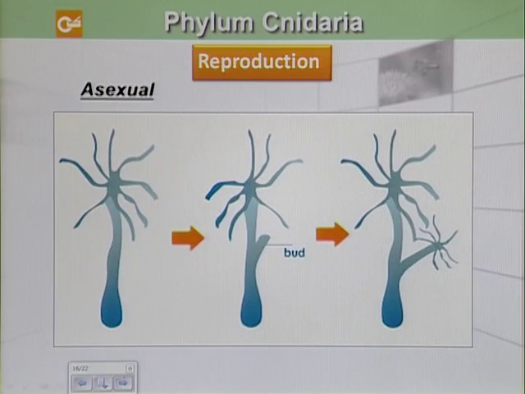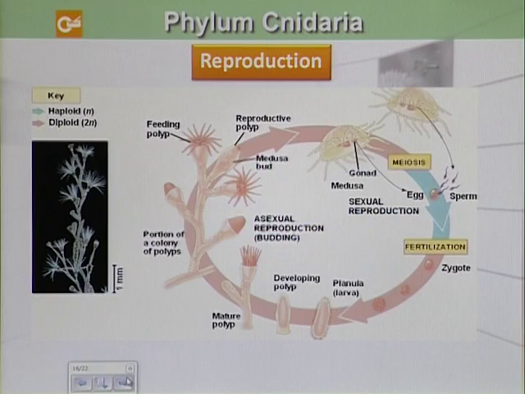And about their reproduction, these cnidarians or coelenterates reproduce by asexual as well as sexual means. Hydra reproduces asexually by the formation of buds on its surface, and the buds after some time separate from the parent and then develop into a new individual. And then the life cycle of coelenterates is characterized by alternation of generation.